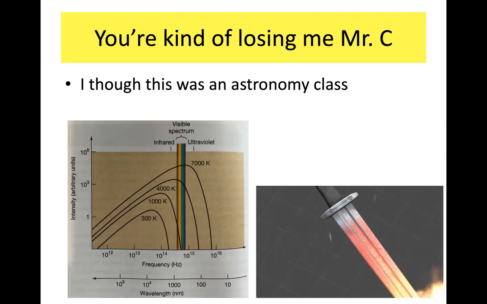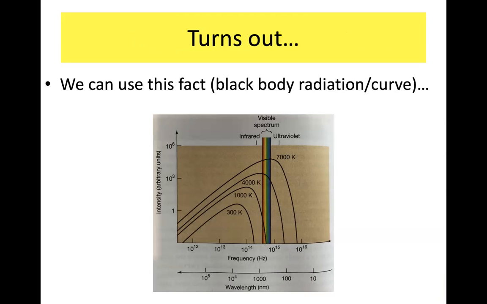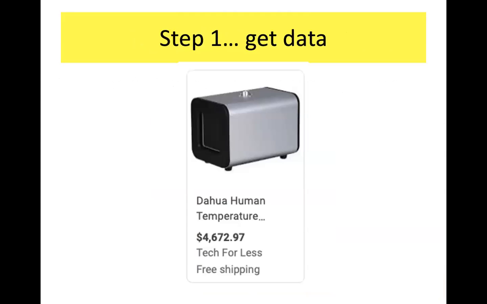They have a device that can read the intensity of how much ultraviolet radiation it's receiving, how much red light, how much blue light, how much infrared radiation, and we put that on a graph. Therefore we can predict the temperature of the star we're looking at. That's what black body radiation and curves are all about, and that's why we study them.